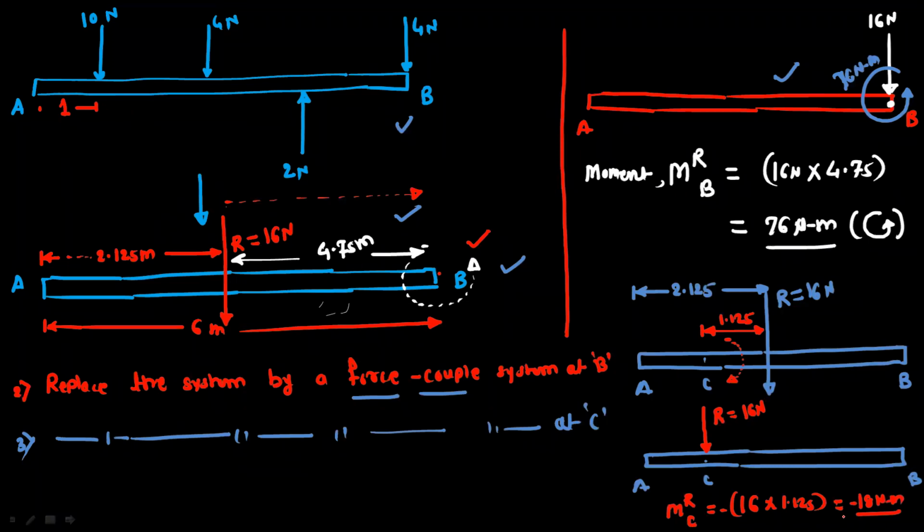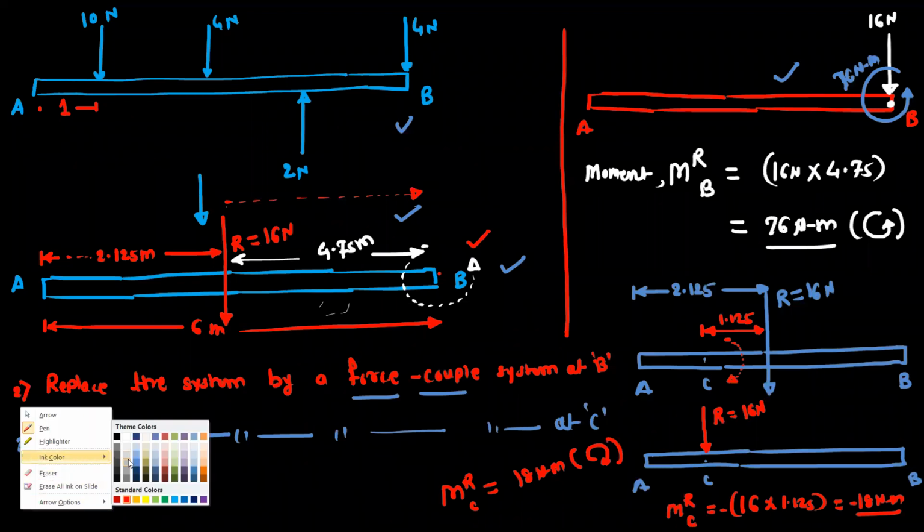Okay. So how to show this minus 18 Newton meter at point C? So minus 18 means this is 18 Newton meter and its direction is clockwise.